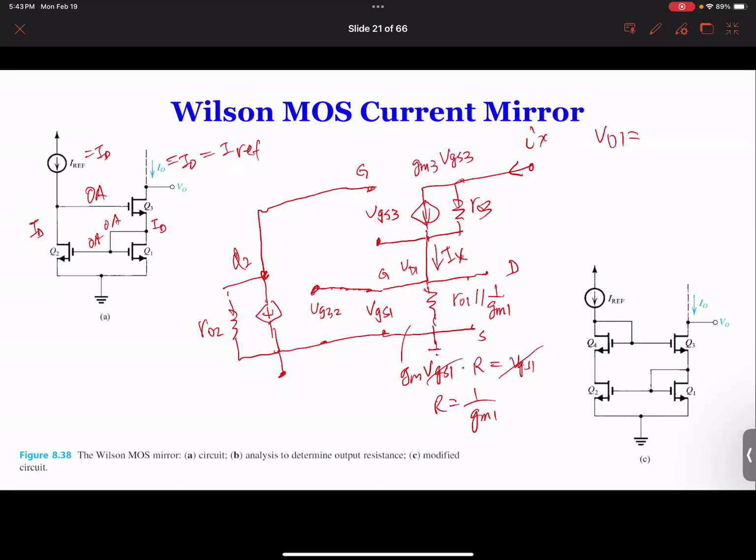VD1 is VGS1, and VGS2 is the same. Did you see that? Okay. So I call this VD1. It's the same with VGS1, same with VGS2. It's all the same, which is Ix times this. Okay. And now, also, how much is the current over here?